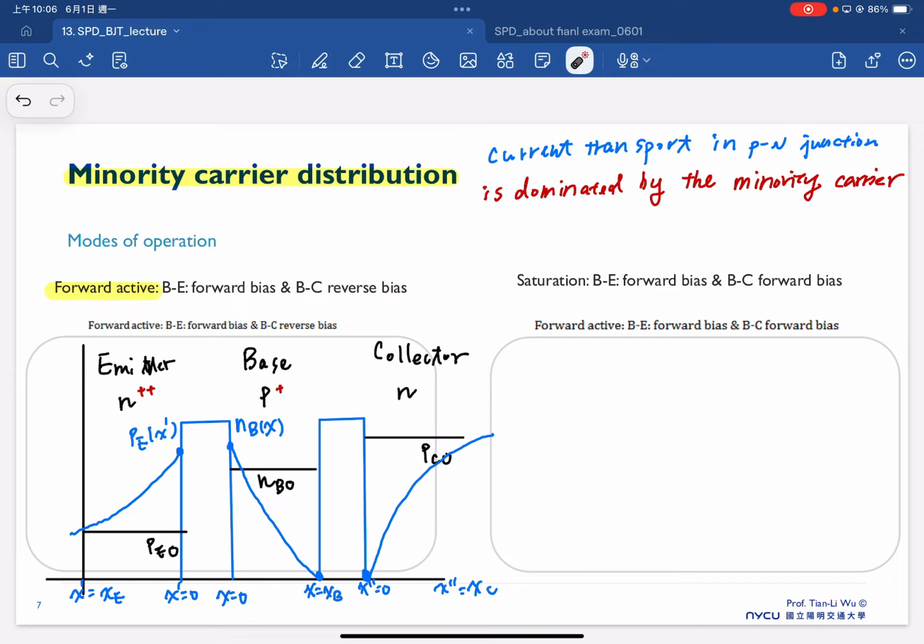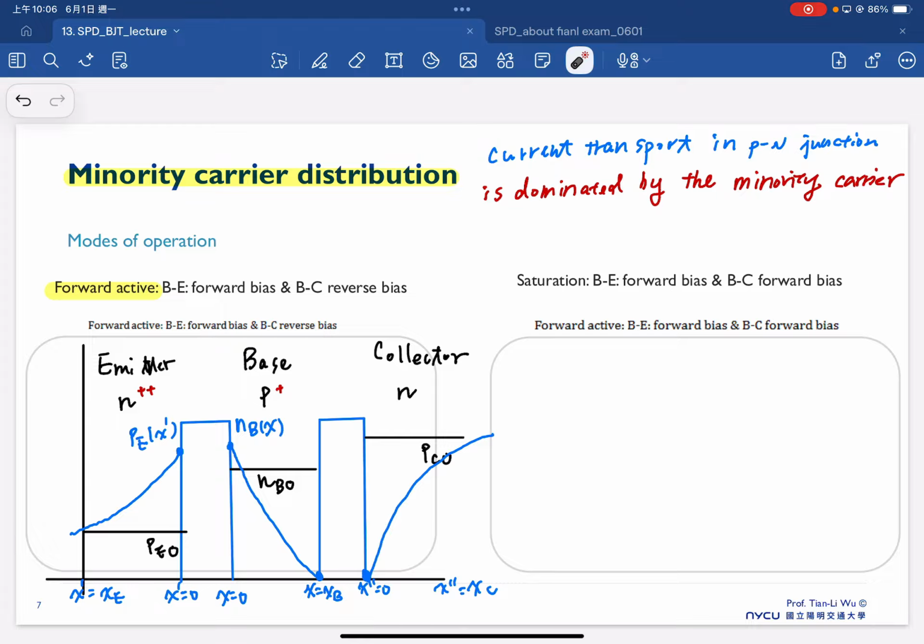So most students, including me when I was a student, always find it very difficult to understand why the carrier distribution has to be drawn in this way. That's why many of us are very afraid to learn the bipolar junction transistor.